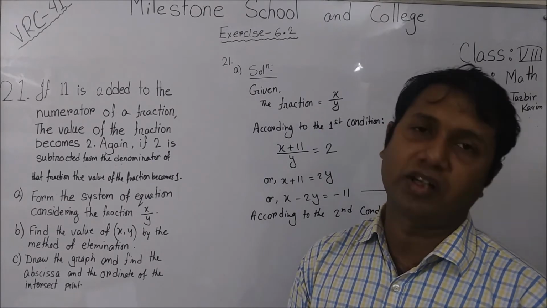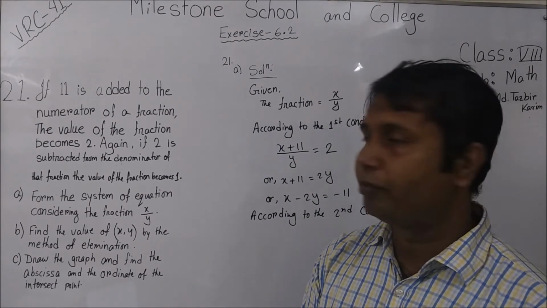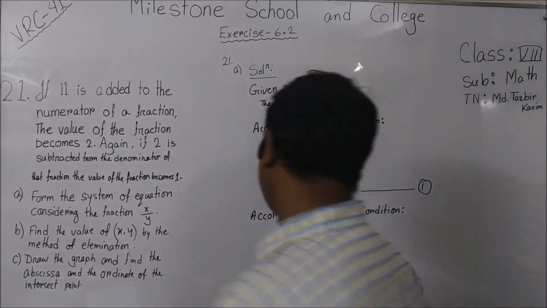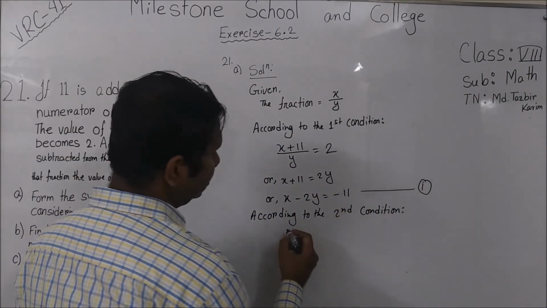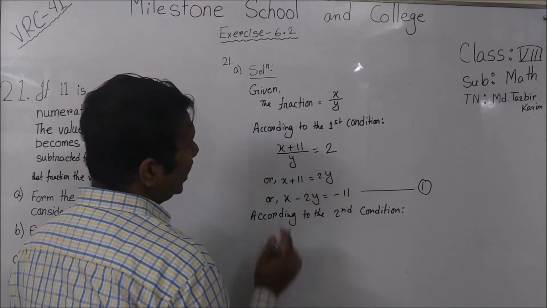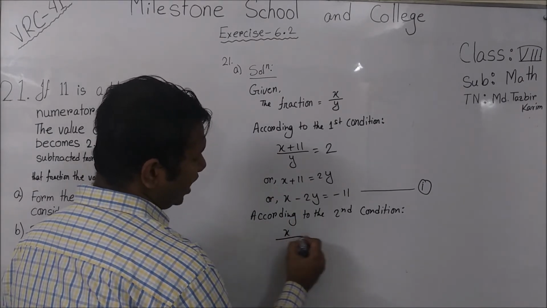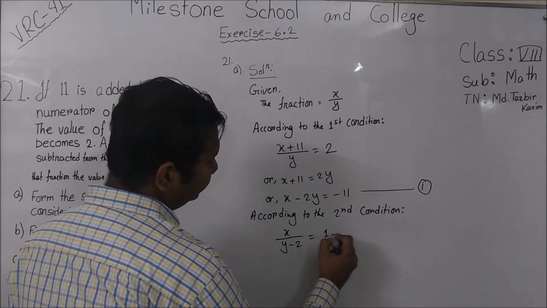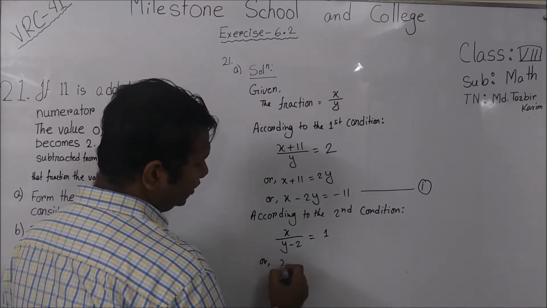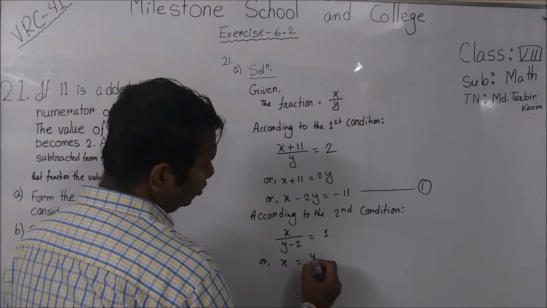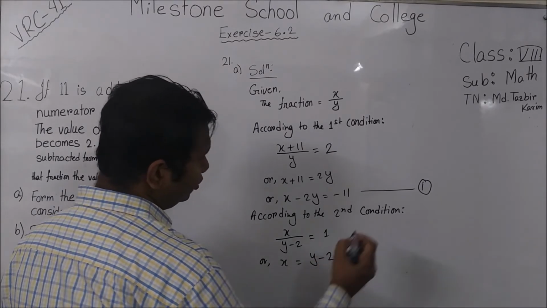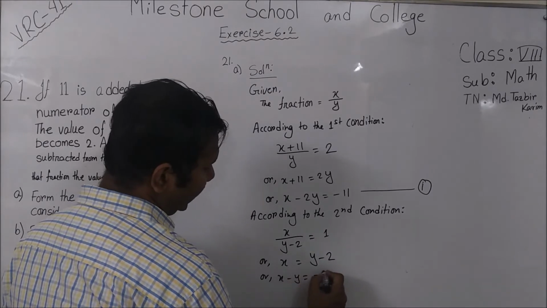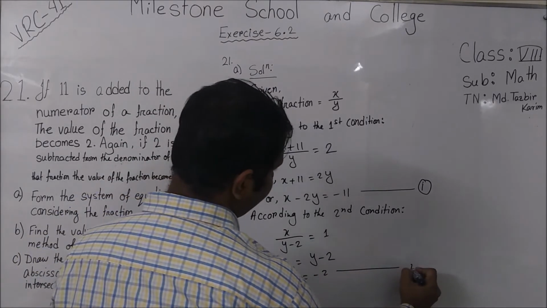From the denominator. So then it will become 1. According to the second condition, what is your denominator? Y. So x by y minus 2 equal to 1, or x equal to y minus 2, or x minus y equal to minus 2. That is your equation number 2.